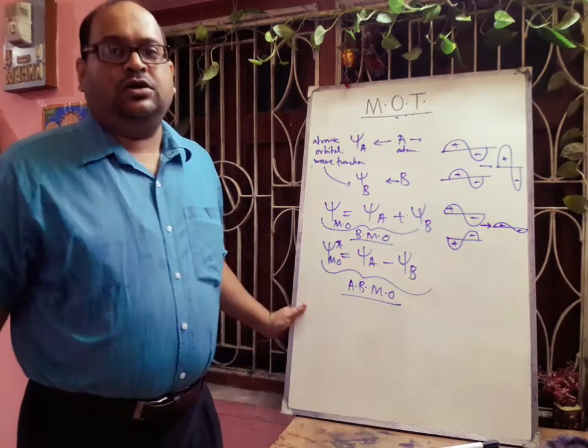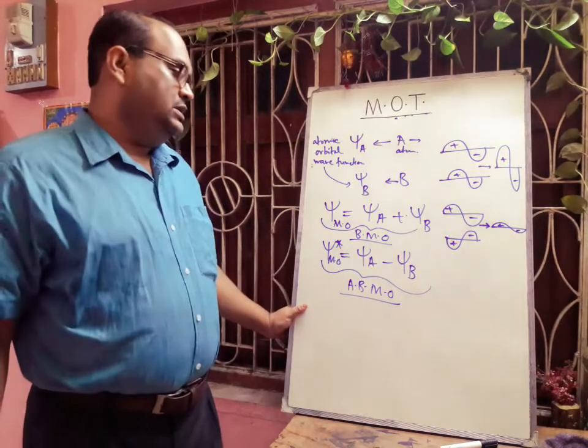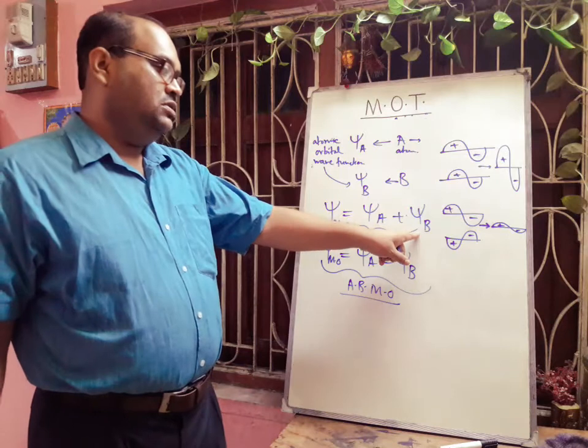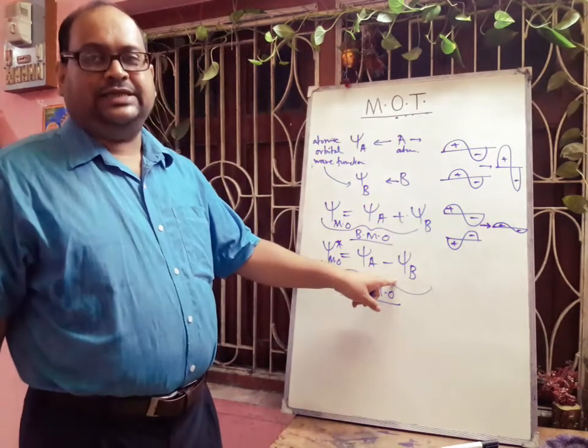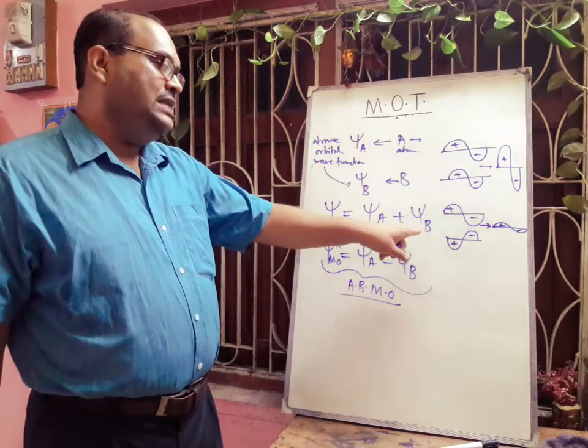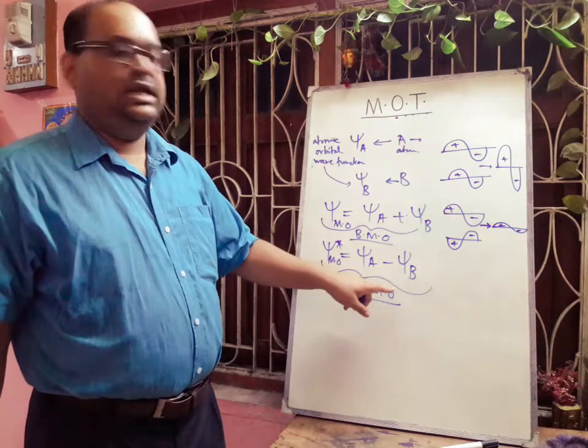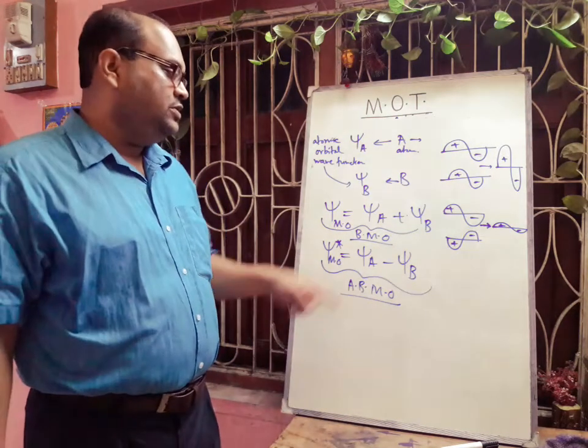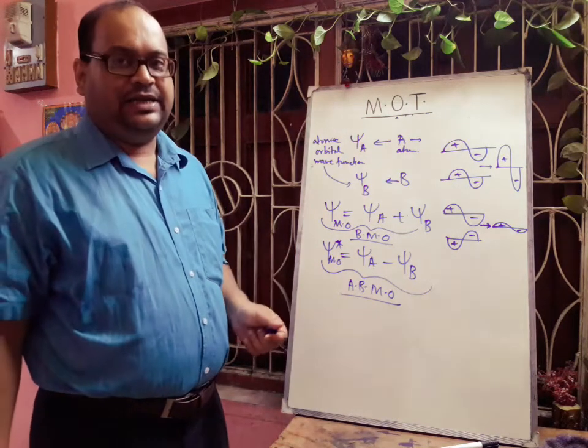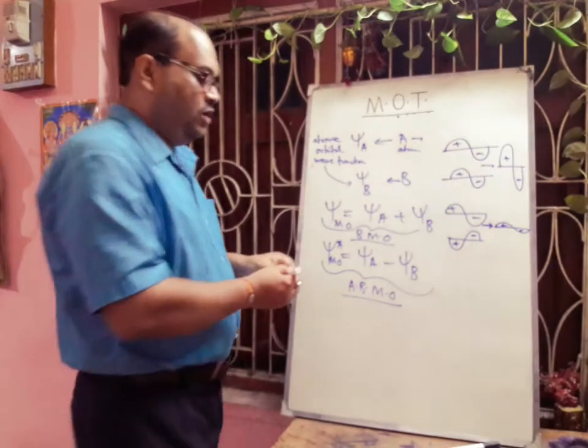Hope you can understand. So this is the addition of waves and this is the subtraction of waves. They are in phase and they are out of phase. So in this way, by wave function we can represent the molecular orbital.